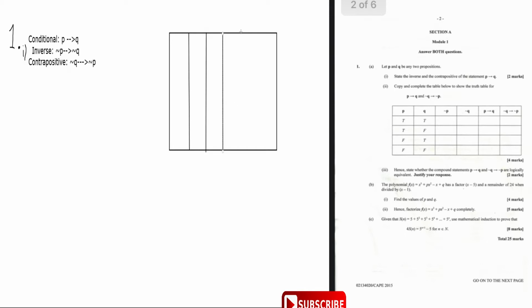Then we have not Q. Then we have P implies Q. And we have not Q implies not P. So this takes care of all of them. All right, excellent. So we have P, Q, not P, not Q, P implies Q, and not Q implies not P.